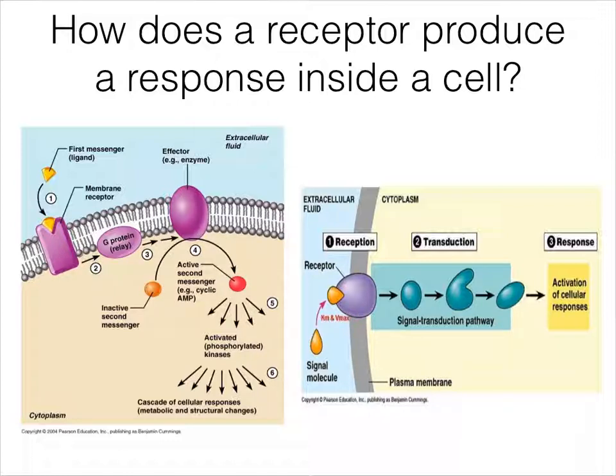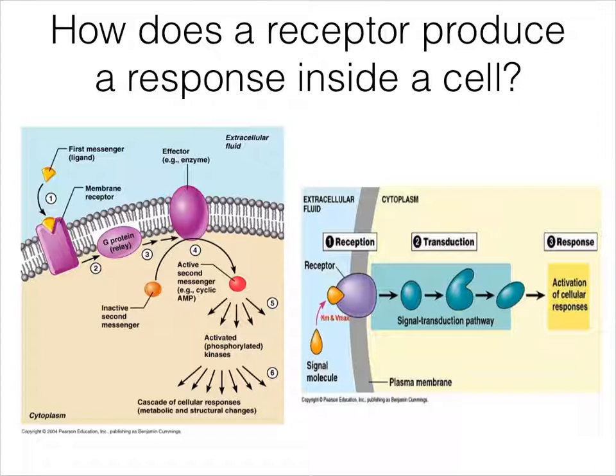And then those activated third messengers are going to act on another protein, and basically, because at each step, whatever the actor is going to do its job more than once. It's going to make more than one second messenger. It's going to turn on more than one protein.